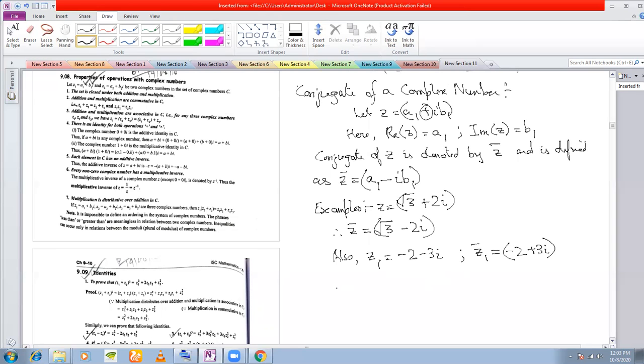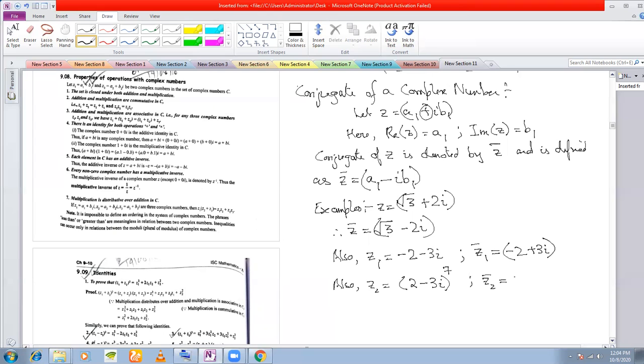Just one more example. If I define z2 as 2 minus 3i to the power of 7, then what should be the conjugate of this?